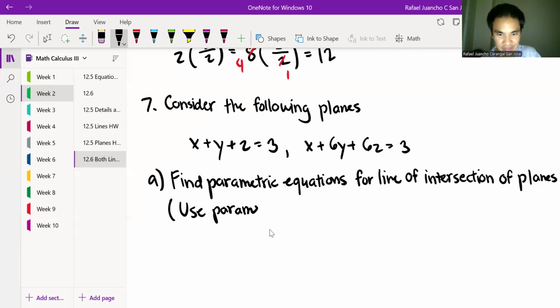Use parameter t. Okay, we're given two planes. How do we find their line of intersection? I'm talking about their line, not a point.